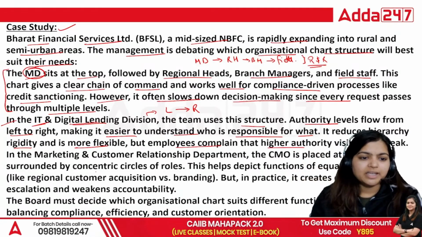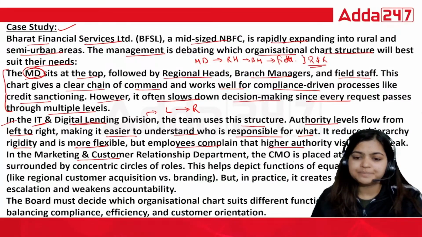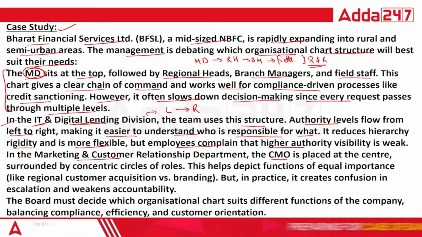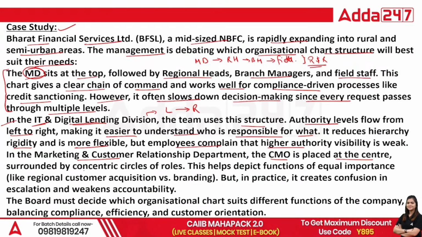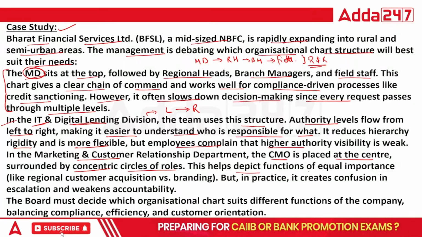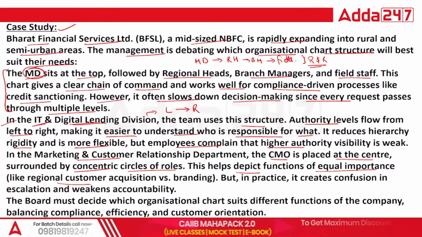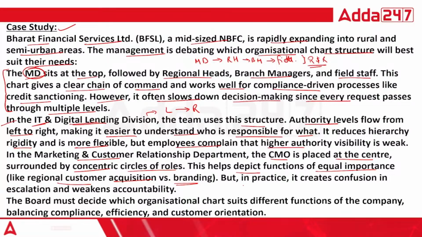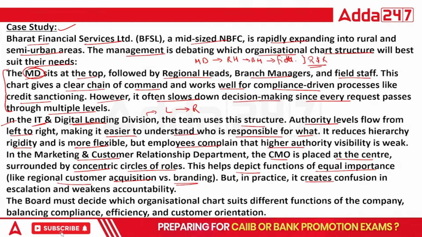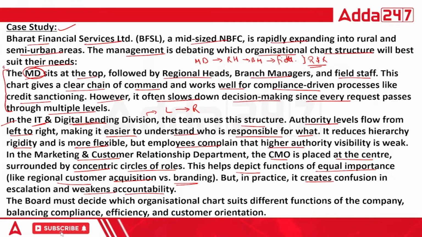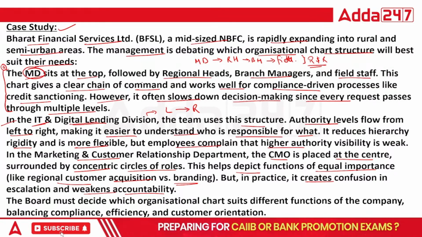Then in the marketing and customer relationship department, the CMO is placed at the center, surrounded by concentric circles of roles. This helps depict functions of equal importance, like regional customer acquisition versus branding. But in practice, it creates confusion in escalation and weakens accountability. So basically, we have seen three different situations. First, the MD and regional heads.